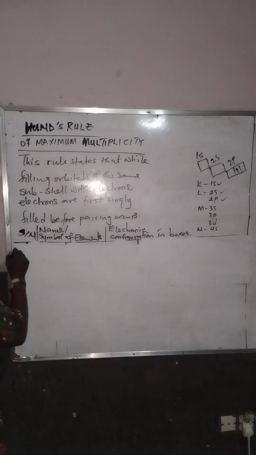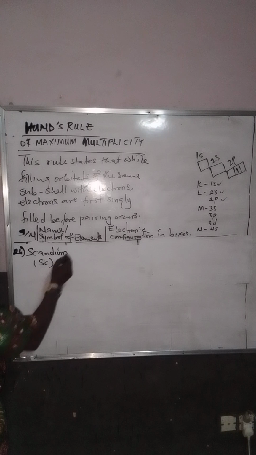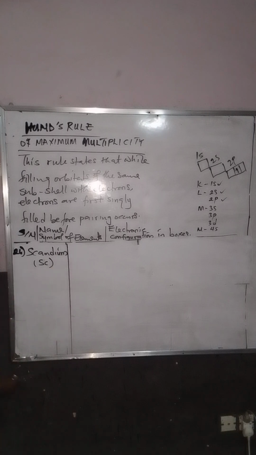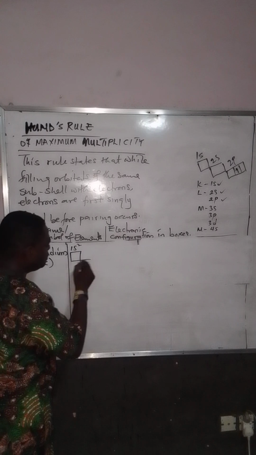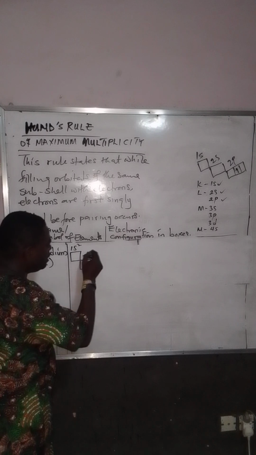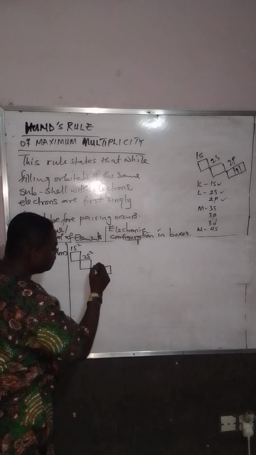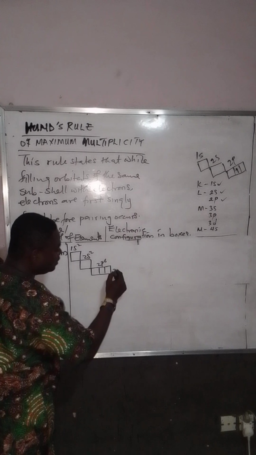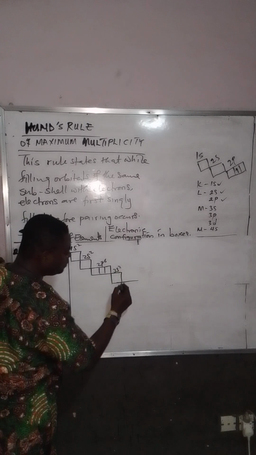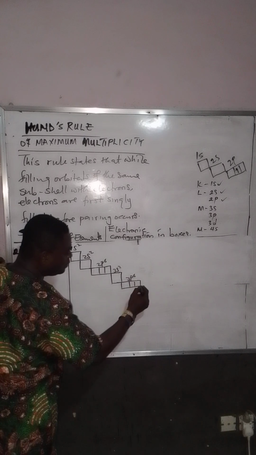So next one is 21. That's scandium, Sc. The configuration is 1s2, 2s2, 2p6, 3s2, 3p6.